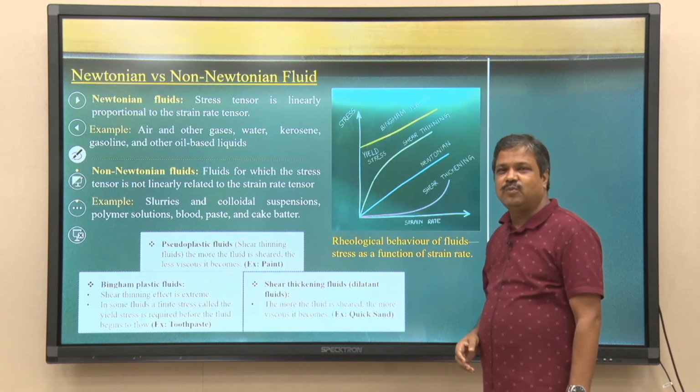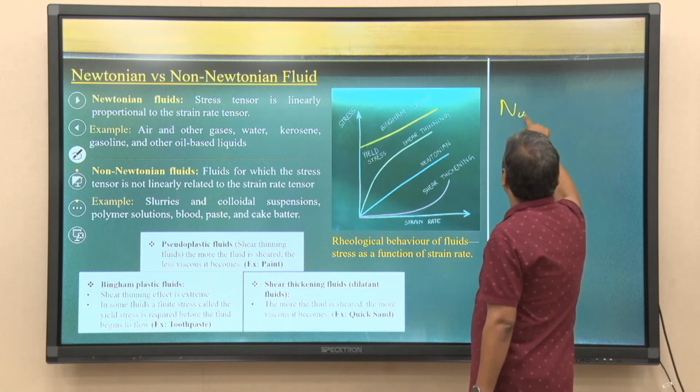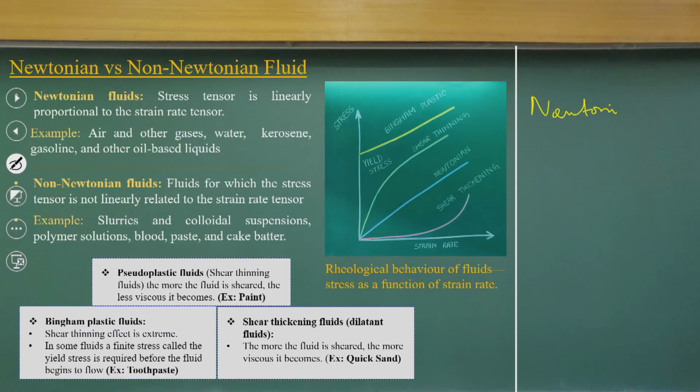Now, just to revise the basic things we discussed in the very beginning classes about Newtonian fluids and non-Newtonian fluids. For a Newtonian fluid, this is what establishes the relation between the shear stress and the shear strain rate, Newton's law of viscosity.